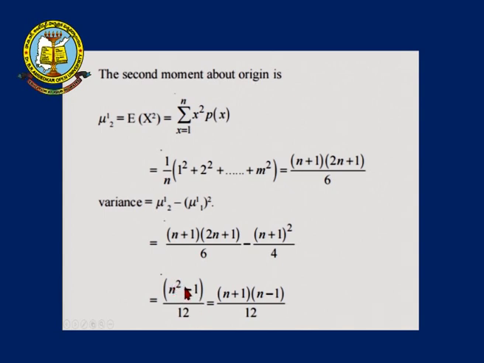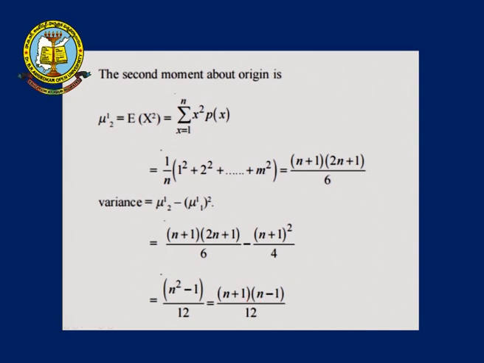Now, the numerator term looks like which form? N square minus 1 looks like a square minus b square. You know the formula for a square minus b square: a square minus b square is equal to a plus b into a minus b. So, now I can apply that formula here. N square minus 1 can also be written as n plus 1 into n minus 1, divided by 12. So, this is the variance of the uniform distribution.